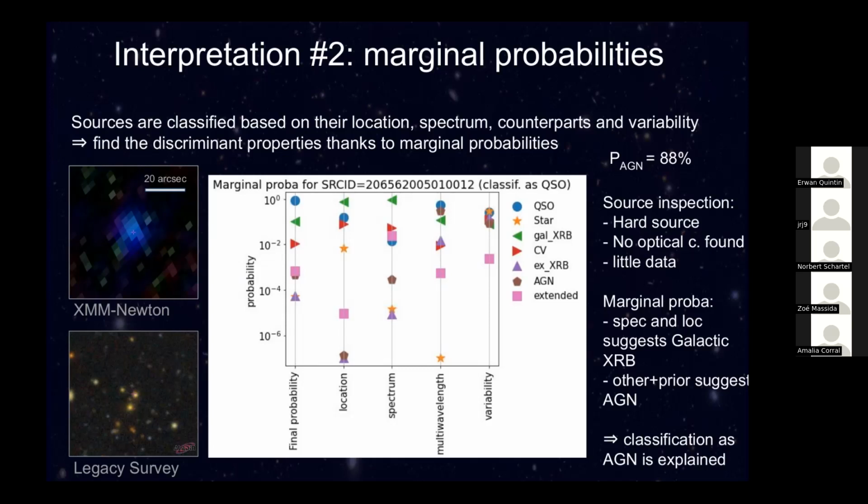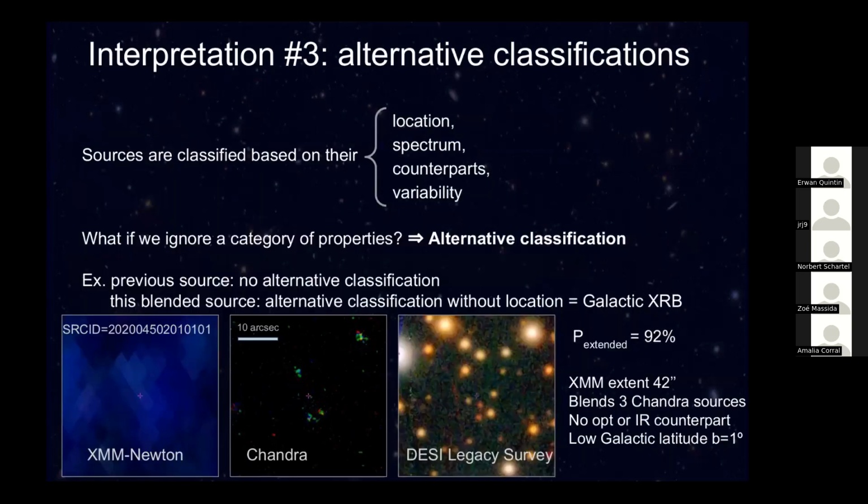So basically, this graph tells you that if you consider only location and spectrum, the source would be classified as a galactic X-ray binary. So this is a very efficient way to explain your classification as AGN in that case.